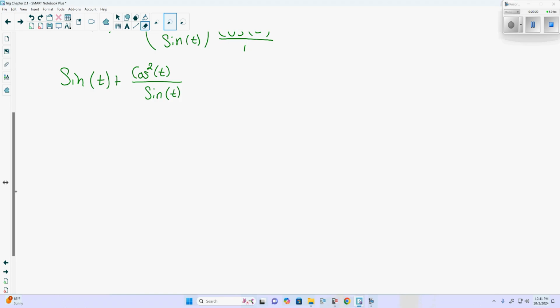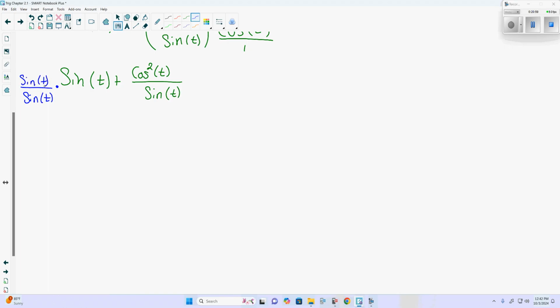It's kind of gotten a little bit simpler, but not at the same time. Because now we have square terms, so we do have two terms. Last thing we're going to need to do is add these two together. For me to be able to add a term and a fractional term, or to add two fractional terms, we need the denominators to be the same. Well, our main denominator for this is what? Sine of t, yes? So I need the other one to have a denominator of sine of t.